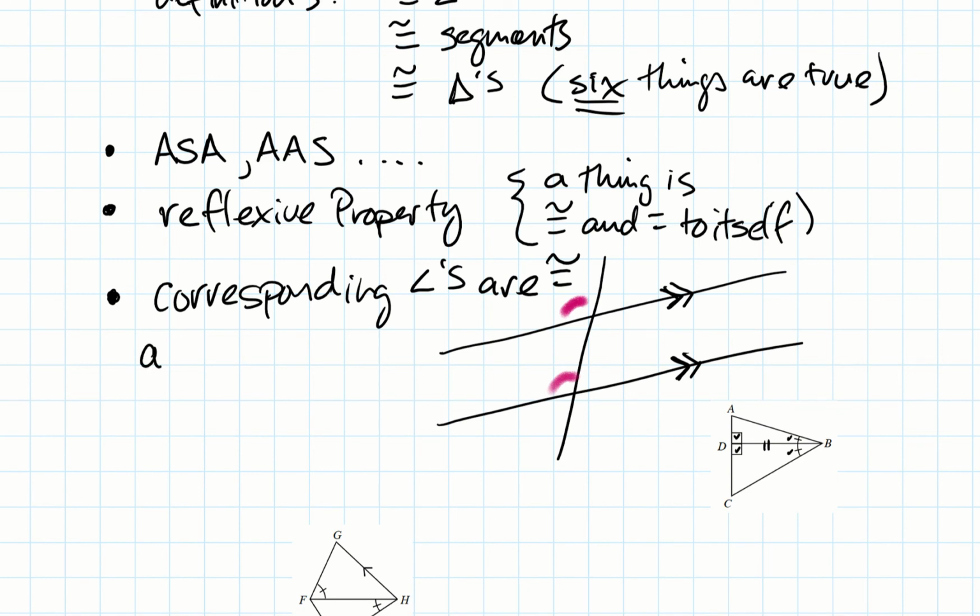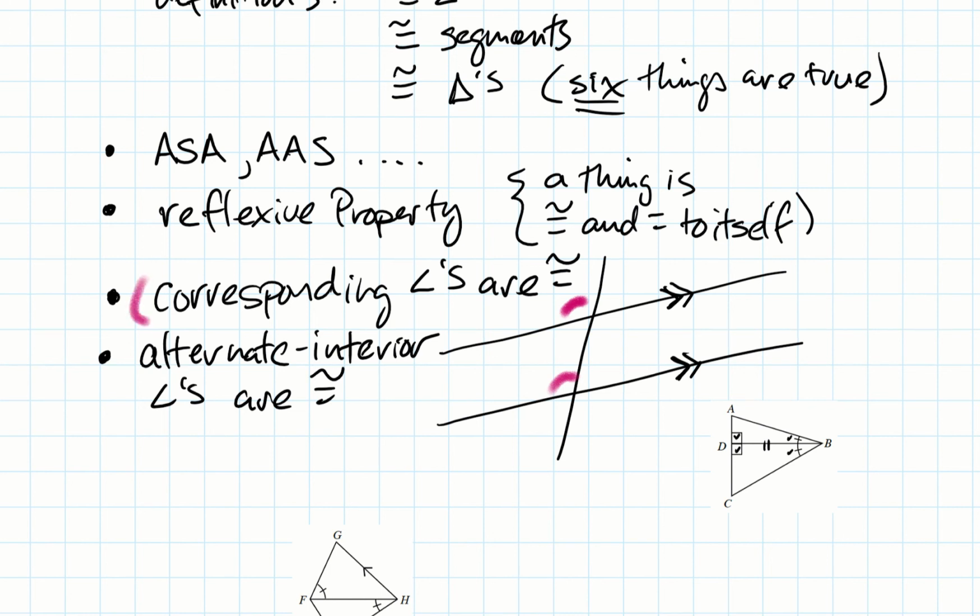Alternate interior angles are congruent. Let me give you an example of some alternate interior angles. I'll put a little purple mark right here.